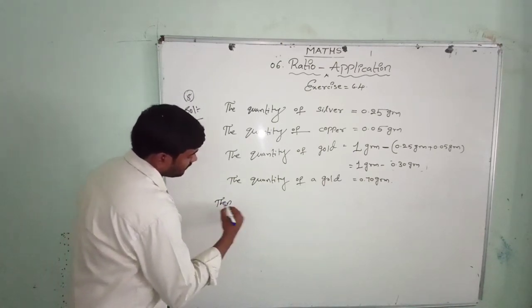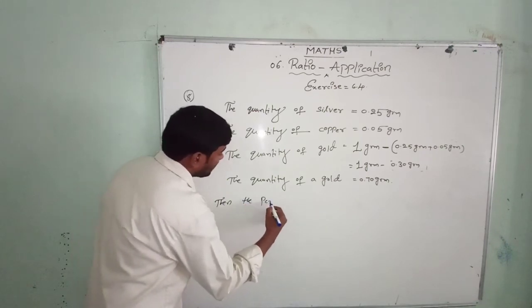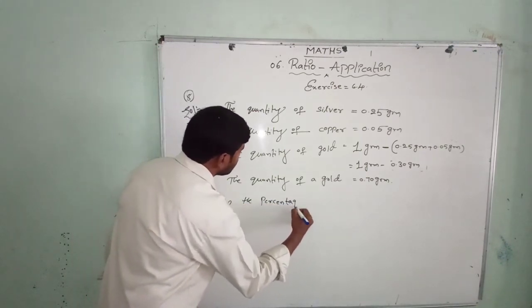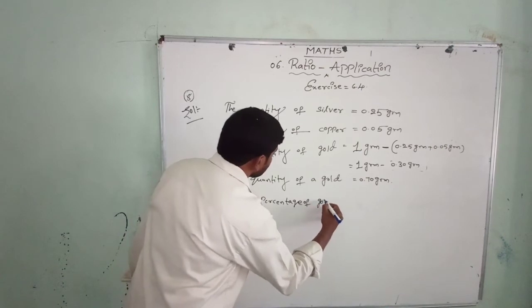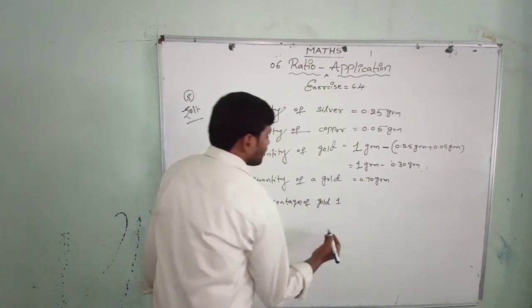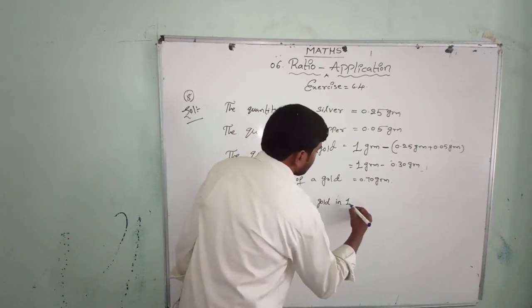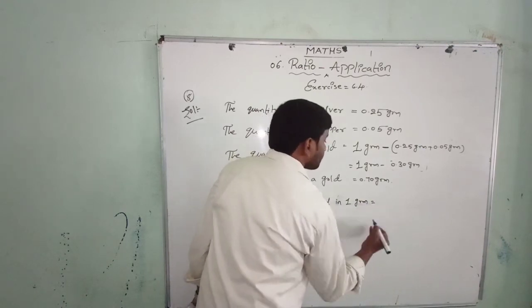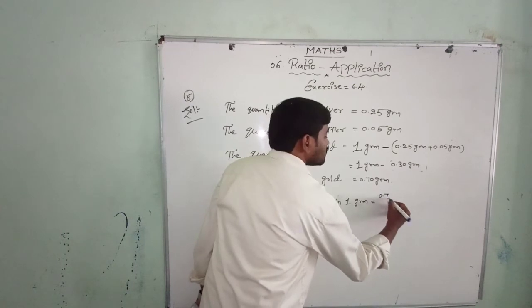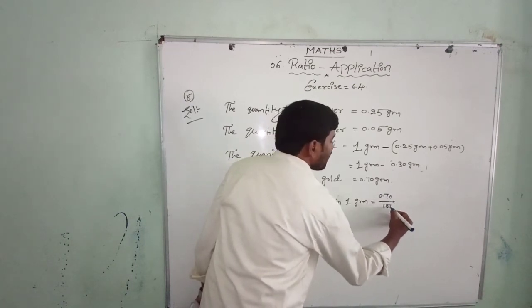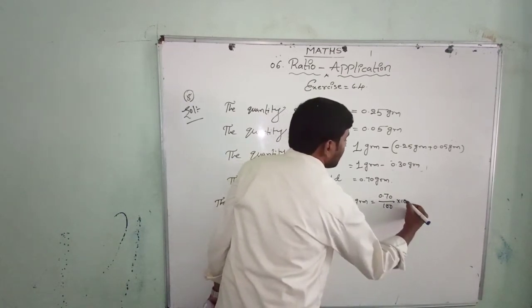Then we have to find out the percentage also. The percentage of gold in 1 gram is equal to the quantity 0.70 by 100 into 100.